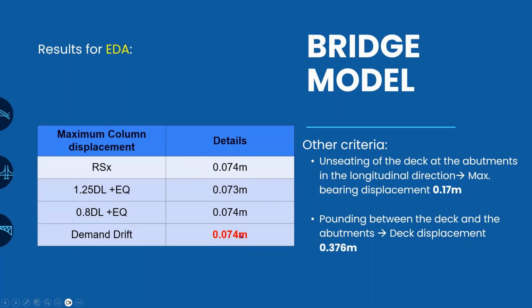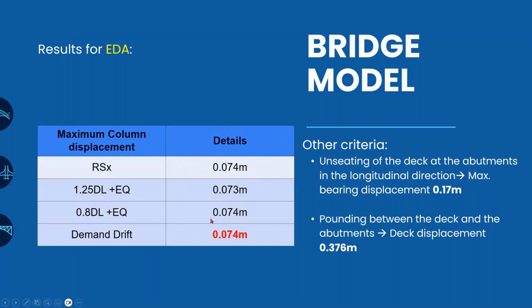This demand drift will be compared with the capacity drift under the similar performance criteria that we earlier discussed. And depending upon the comparison, if the demand drift is less than the capacity drift, then we can say that the performance of that particular structure is achieved. And if it is greater, then we need to alter the design of the structure to satisfy the criteria.